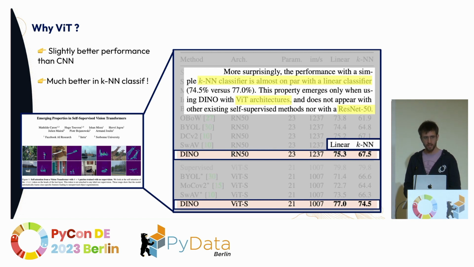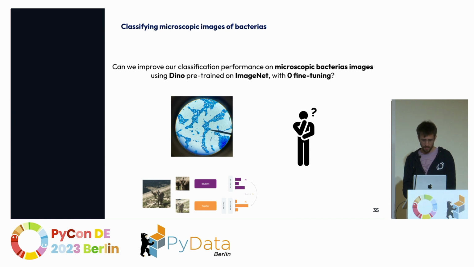This is really interesting for us because when we build our search engine, we compute nearest neighbors in the representation space. We do not perform any fine-tuning. So now he's going back to the bacteria example to show you what SSL and vision transformers do on this problem.